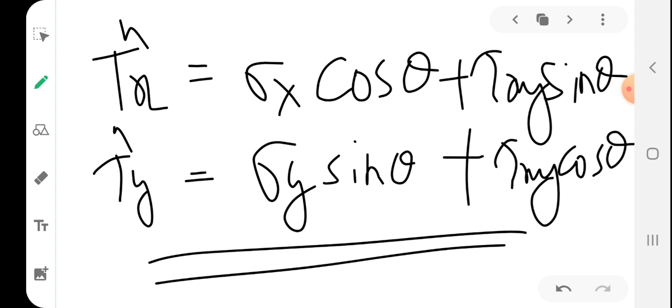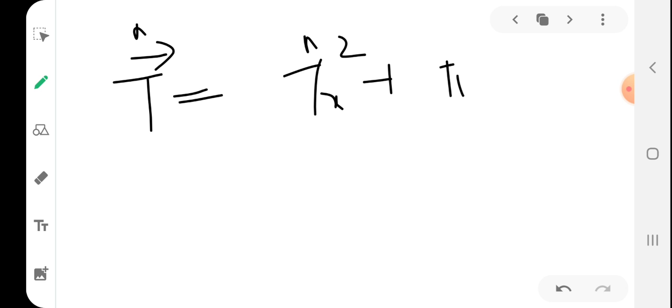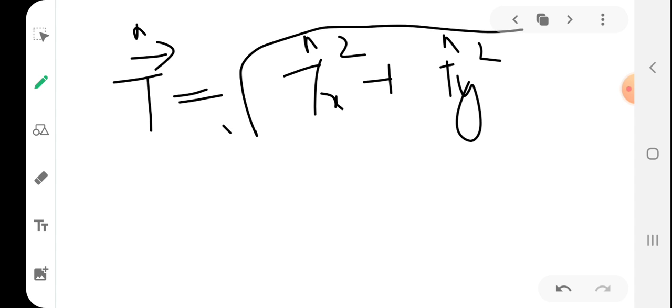If you have to find the actual t vector in the plane with n as the normal, you just need to find the square of both components: the root of Txn square plus Tyn square. So you will get the magnitude if you take the root of the sum of the squares of both components.